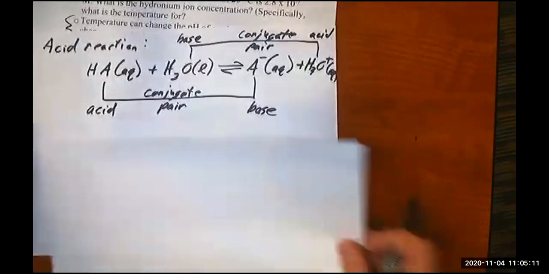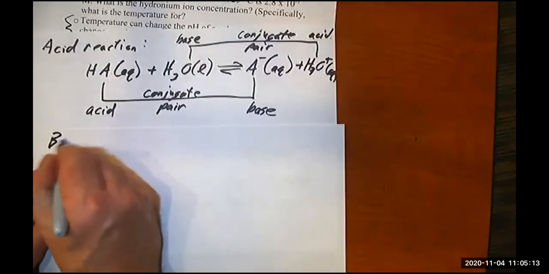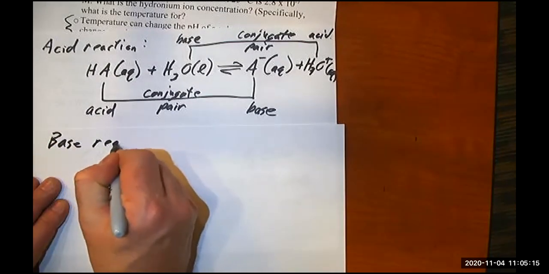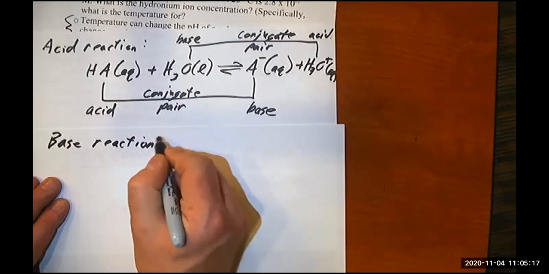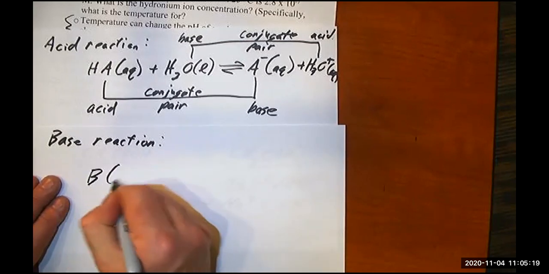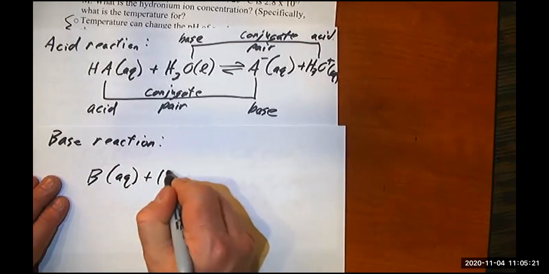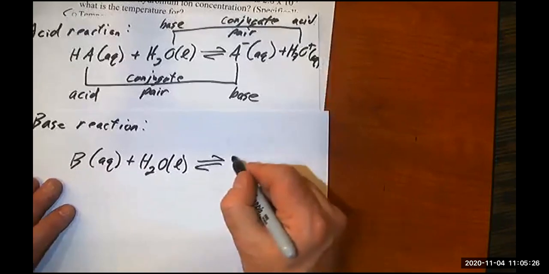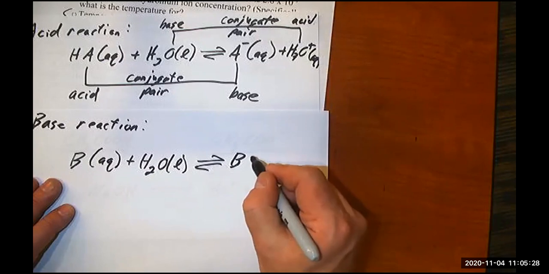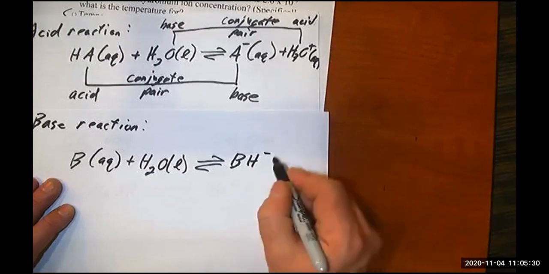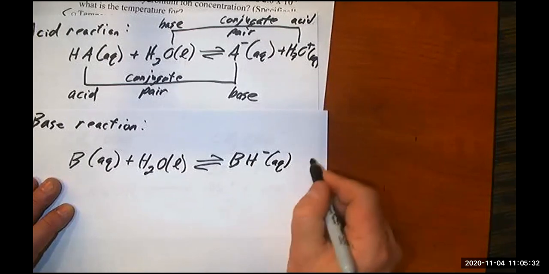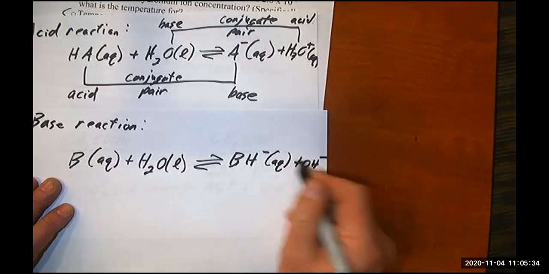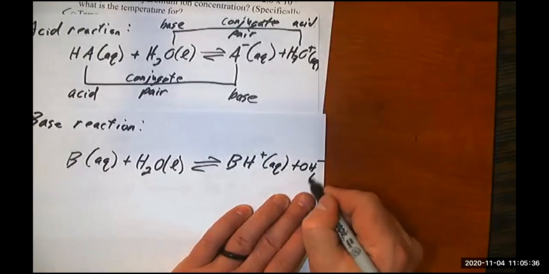Suppose you're starting with a base though. So the standard base reaction is our base, B, plus H2O in equilibrium with BH plus, excuse me, and OH minus, aqueous.